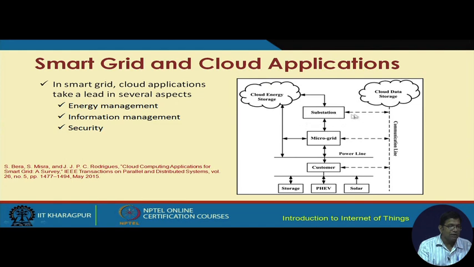On the other side, we have another type of cloud, which is the cloud energy storage, which basically stores the electricity, while the information is stored in the cloud data storage. So, bringing the energy storage and the data storage together, two different types of cloud conceptually, is made possible with the help of these cloud integrated smart grids.